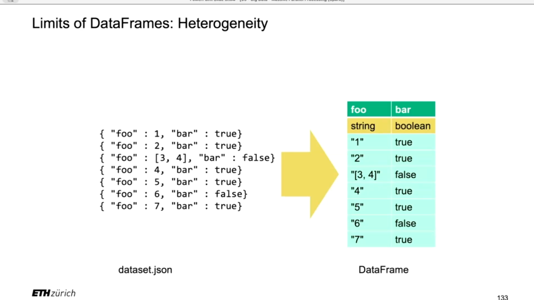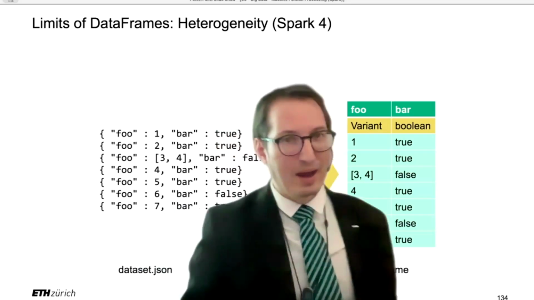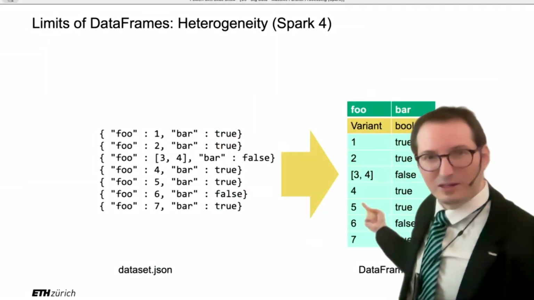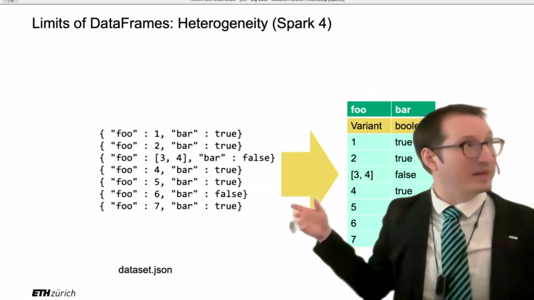Now there's been a bit of evolution, and I have one more scary thing to show you. It's the variant data type, which has existed for a while in databases or even in some programming languages. So Spark 4, which is very recent, just a couple of months ago, they added the variant type. What is the variant type? It's a polymorphic type that basically says the values in here can be heterogeneous. They can be anything.